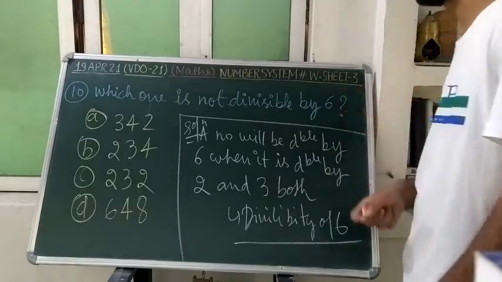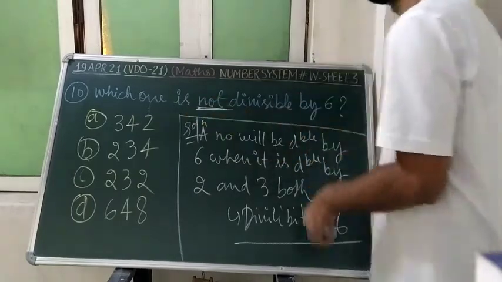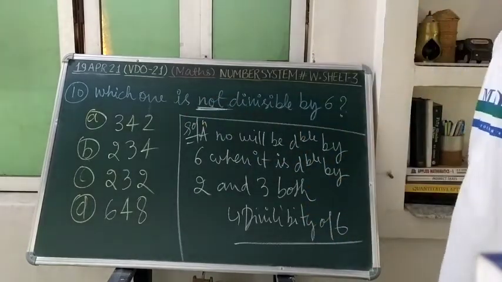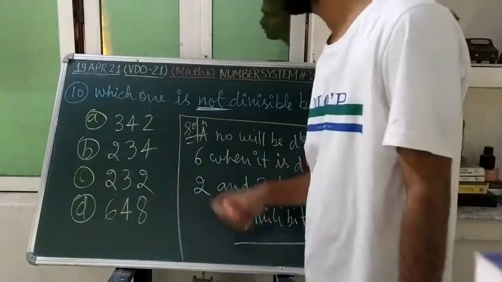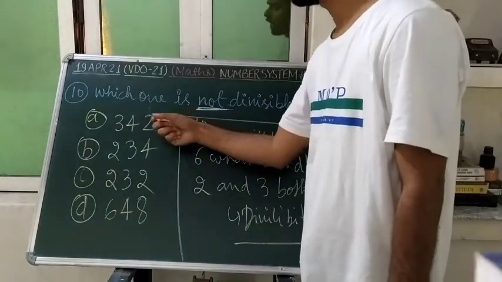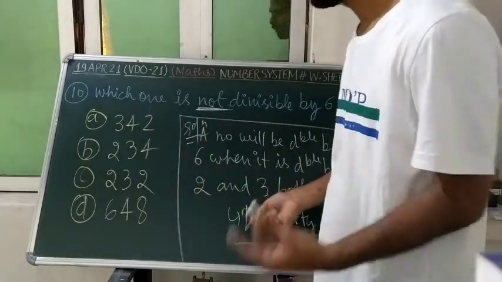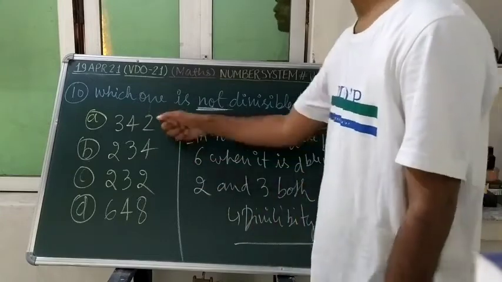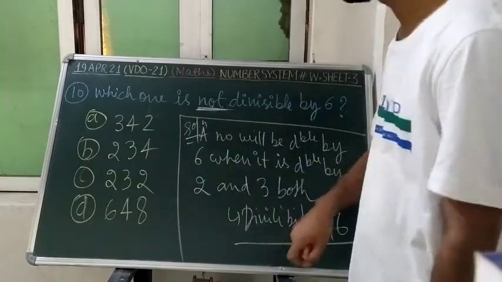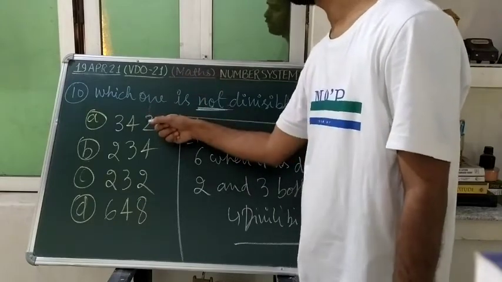So here the problem is saying which one is not divisible by 6. The first one we will check: 3, 4, 2. By 2, whether it is going. If the unit digit is even, that number will be divisible by 2. So the unit digit is 2. Okay, it will go by 2.